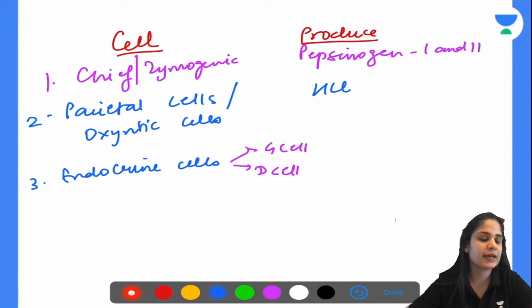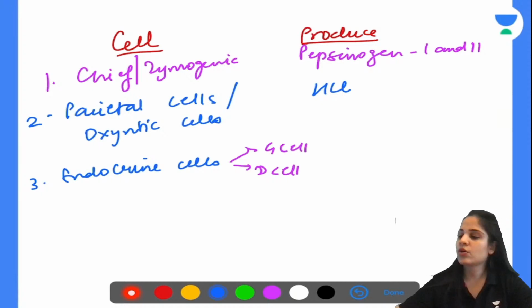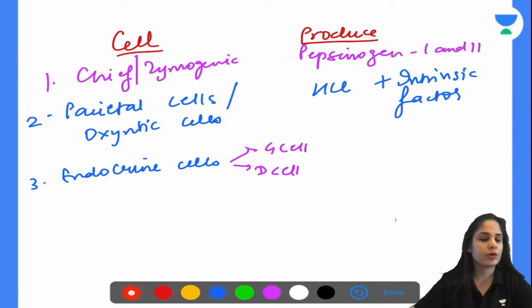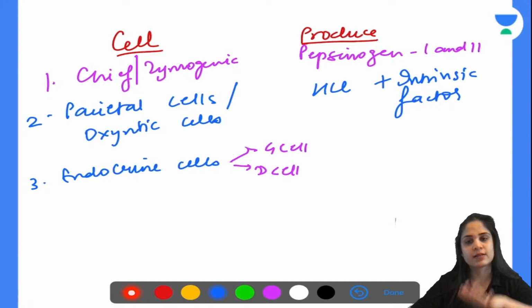In fact, there is parietal cell destruction because of autoimmune antibodies, and then you have reduced B12. Yes, very good, so intrinsic factor is also produced by the parietal cells. Absolutely correct. So the parietal cells produce hydrochloric acid and intrinsic factor. Intrinsic factor is required for the absorption of vitamin B12.